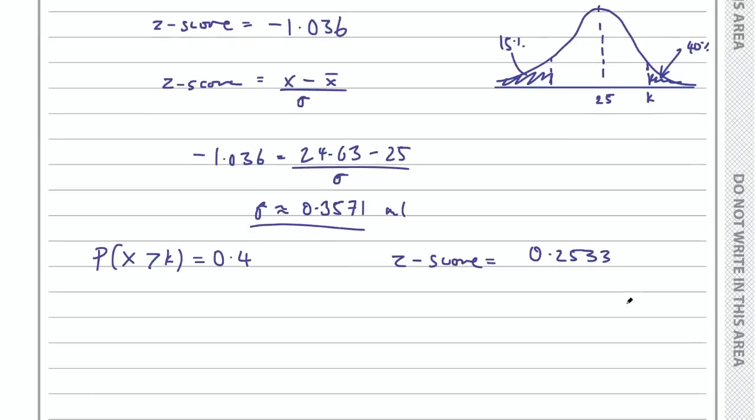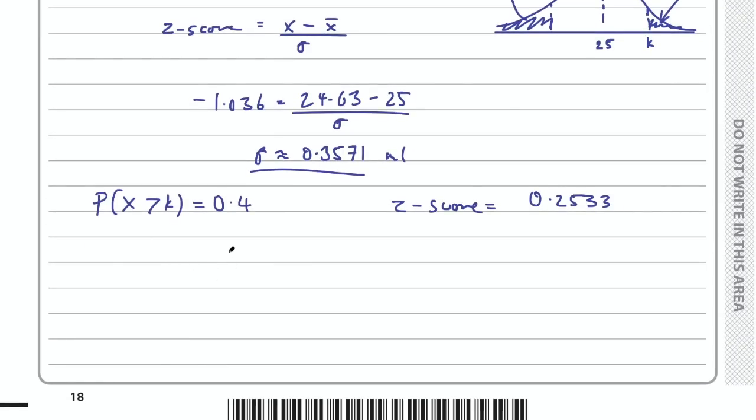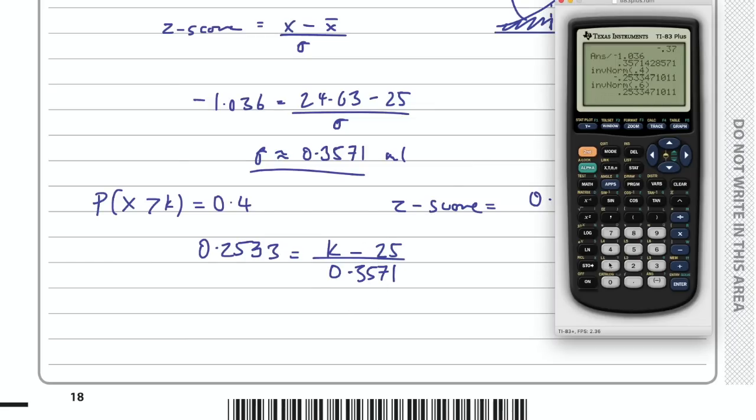So 0.2533, and now I'm solving for K, so I'm going to say that 0.2533 is equal to, I'm using this formula again by the way, but this time x is my unknown. This is equal to K, take the mean 25, divided by the standard deviation of 0.3571. Rearranging this for K now, multiply these together, add 25, and let's see what we get.